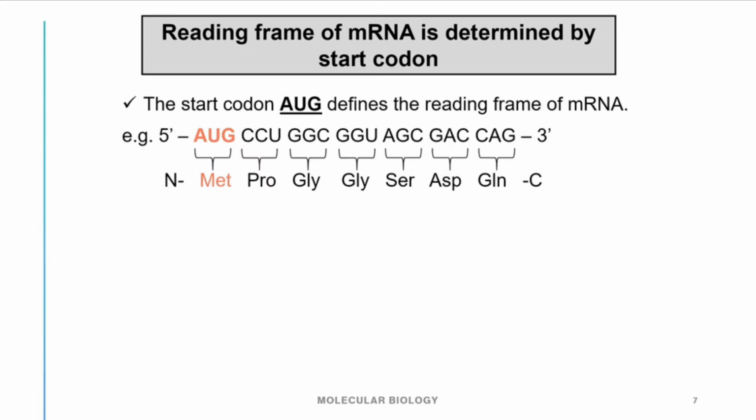The start codon AUG will define the reading frame of the mRNA because that is the place where the reading of the mRNA actually starts. So in this example, there could be a lot of bases even before the highlighted AUG. However, because the translation process only starts at the AUG here, it is defined as the start of the reading frame.